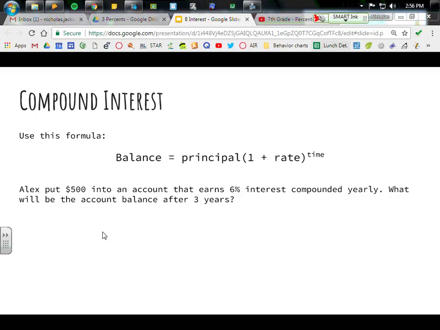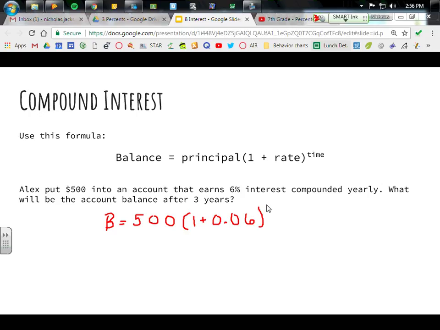So our balance is going to be equal to our principal, which is $500, multiplied by 1 plus our rate, which is 6%, so we're going to change that to a decimal, raised to the power of our time, which is 3.